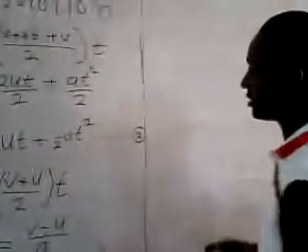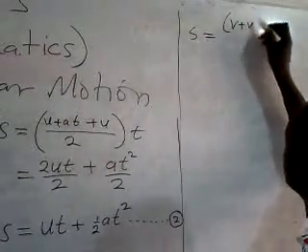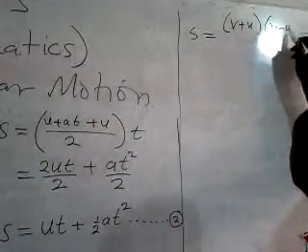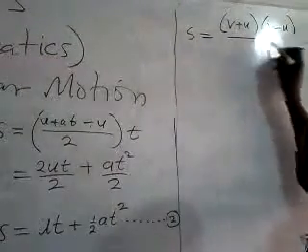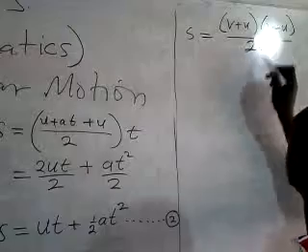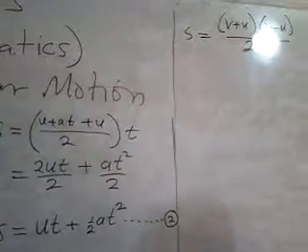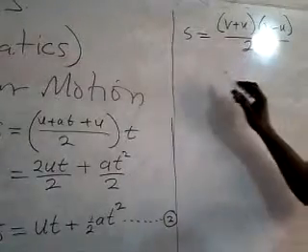You multiply the numerators. When you multiply the numerators, we have V plus U, V minus U, all over 2 multiplying A, we have 2A. That is multiplication of fractions. You multiply the numerators, you multiply the denominators too.